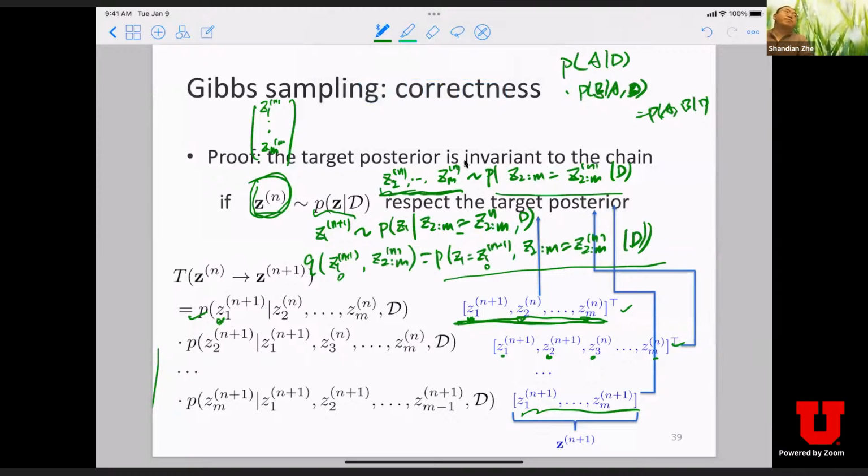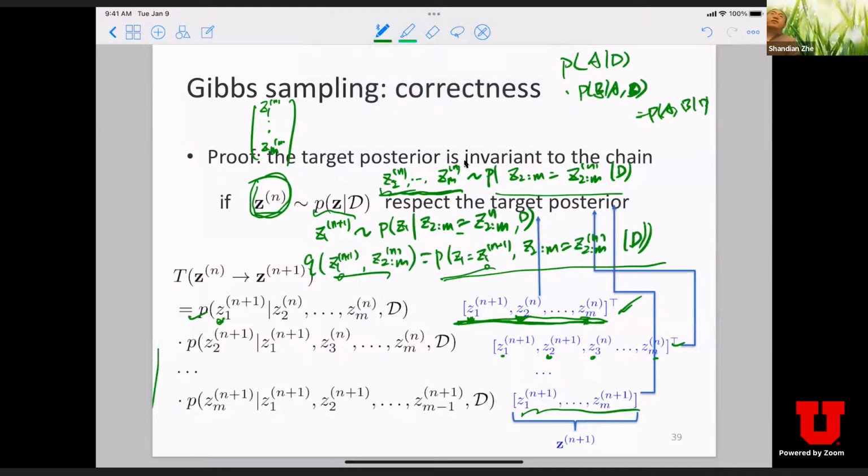Basically the probability density of Z1 n plus 1 and all samples of Z2n to Zmn is exactly the same as your posterior probability where your Z1 to Zm take those samples. So this basically means they follow the true posterior. You can see that the first intermediate state actually respects the true posterior.